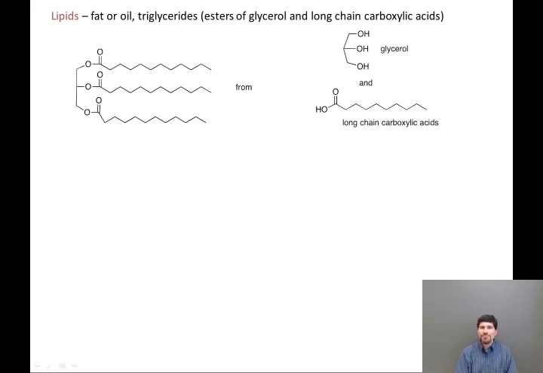Fatty acids are simply long-chain carboxylic acids, and in this case, the carboxylic acids have 10 carbons. In many fatty acids in your body, the carboxylic acid chain is actually longer, frequently 16 or 18 carbons. So once again, free fatty acids have the carboxylic acid functional group, and esters are formed when the acids condense with a molecule of glycerol.